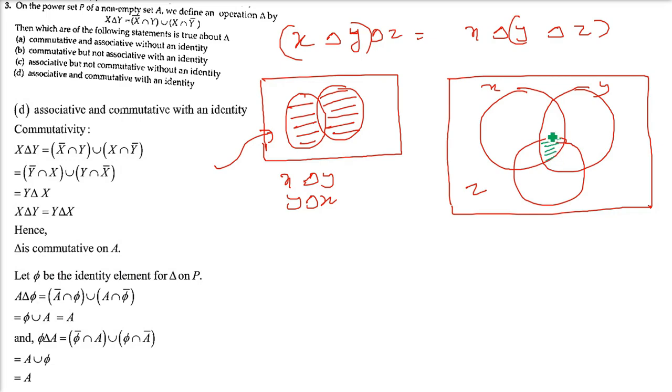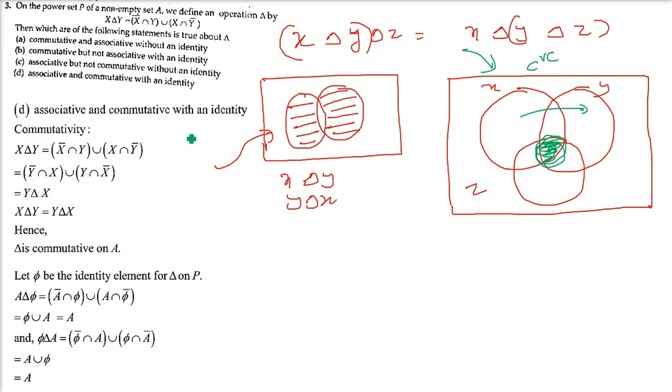So only this particular part which is inside, the intersection of all these three, will be taken. So you take in any order: first you operate x, y, then operate with z; first you operate y and z, then operate with x; or first you take x and z, then operate with y. Every time this commutative part will come, center part will always be there, right?